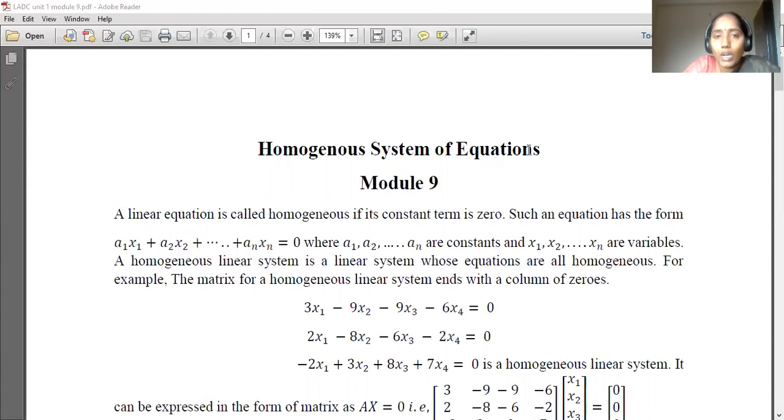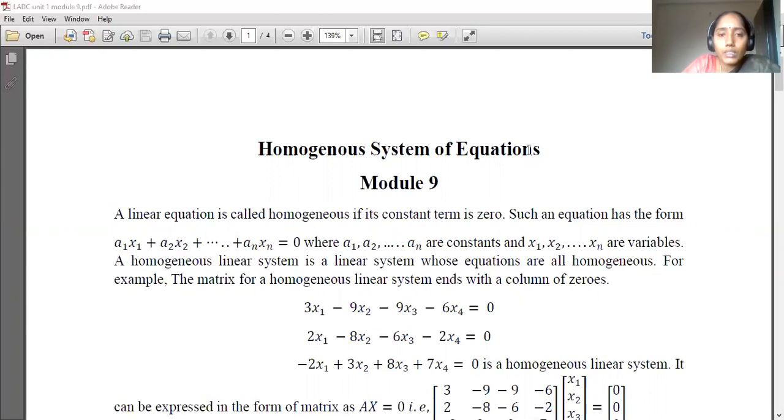In such a case, we use the system of homogeneous equations for finding whether those vectors are linearly independent or dependent. That is a simple example, and there are so many applications.